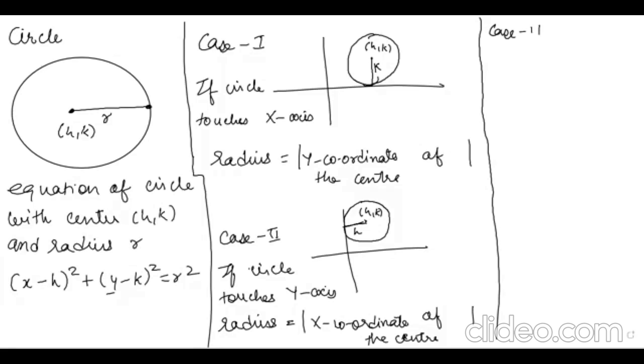There is one more case, that is if my circle touches both the axes. If it touches the x-axis and y-axis, then in this case you just require the radius of the circle.